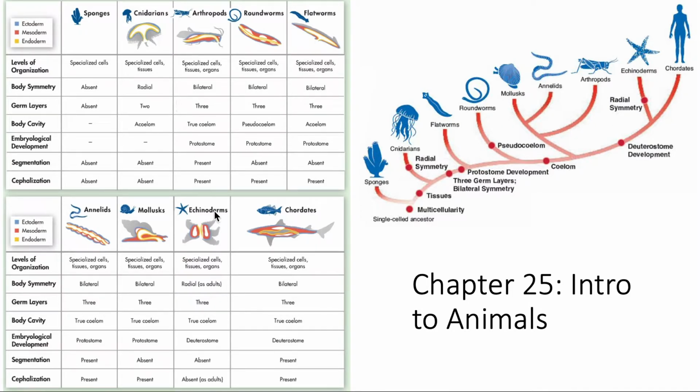So invertebrates are anything, so 1, 2, 3, 4, 5, 6, 7, 8. You have 8 phyla, or 8 categories, of invertebrates, going from sponges to echinoderms.